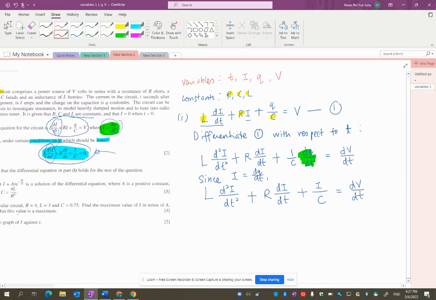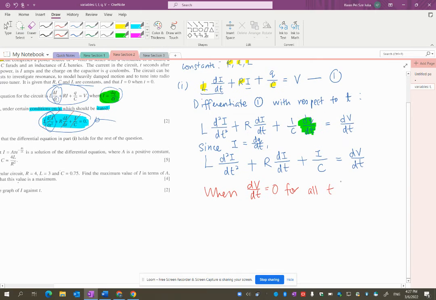We have the first term, we have this term, and we have this term. All right. So in order for us to show this, dv dt has to be 0. So we see that when dv dt is 0 for all values of t, we will get this dE, which is what we are required to show.